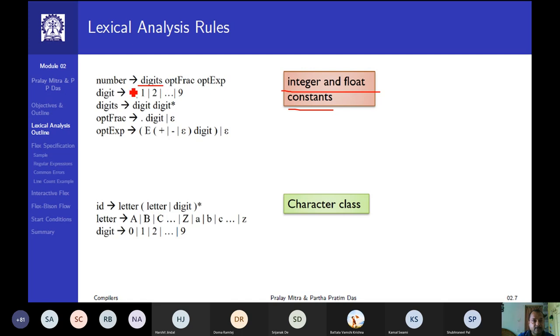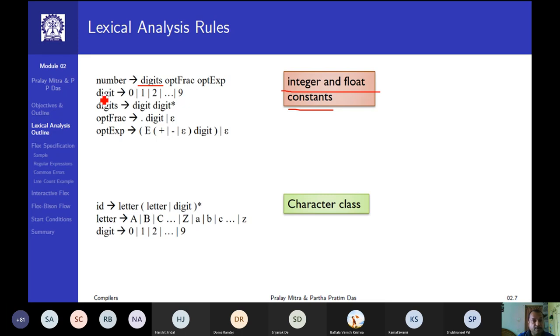Okay. Now, if I look at other rules, then digit will be 0, 1, 2, up to 9. This indicates that one of 0 through 9, that is 0, 1, 2, 3, 4, 5, 6, 7, 8, 9, will be picked.